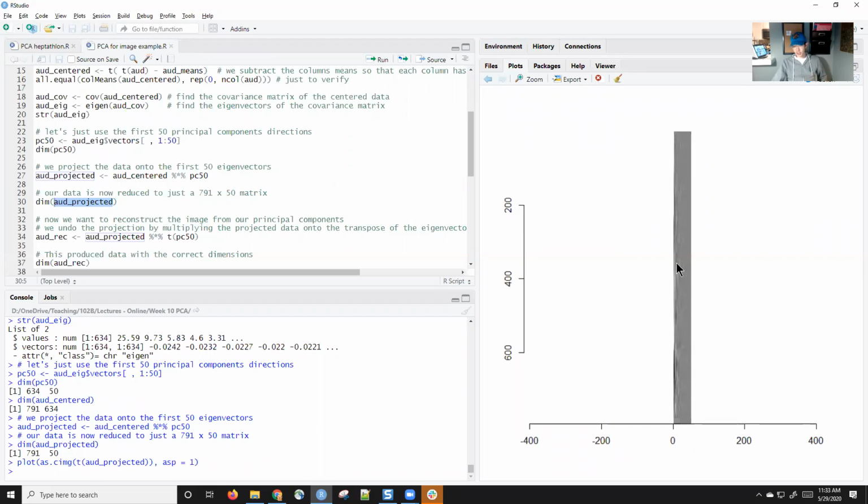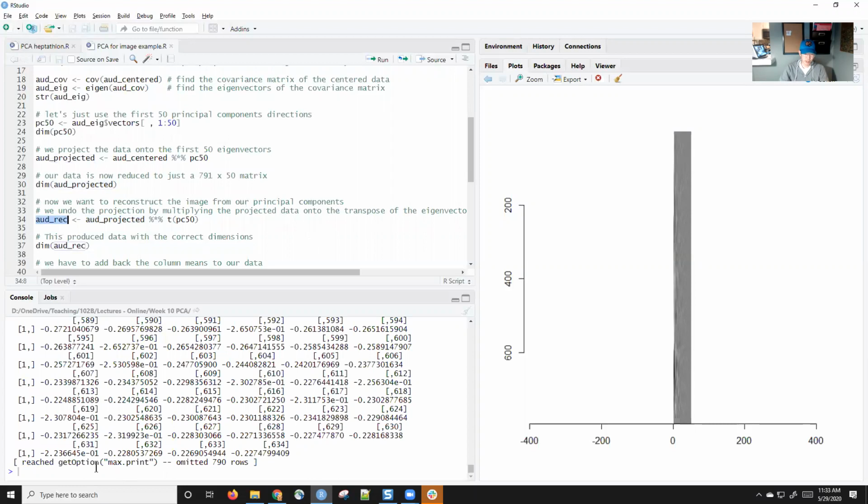But this data actually captures a lot of the variance in the original data. If we want to reconstruct the original image, I've reduced it from 791 by 634 down to 791 by 50, and I can multiply it back by the transpose of the weights that I've used.